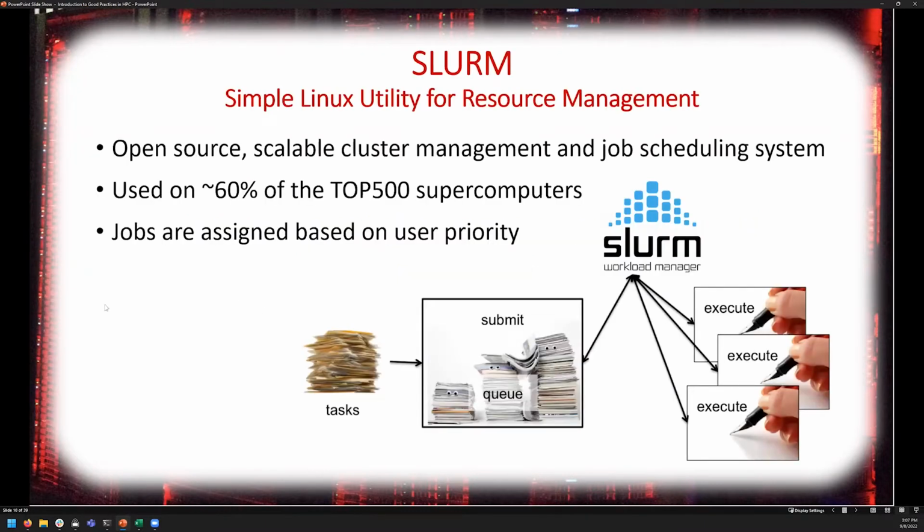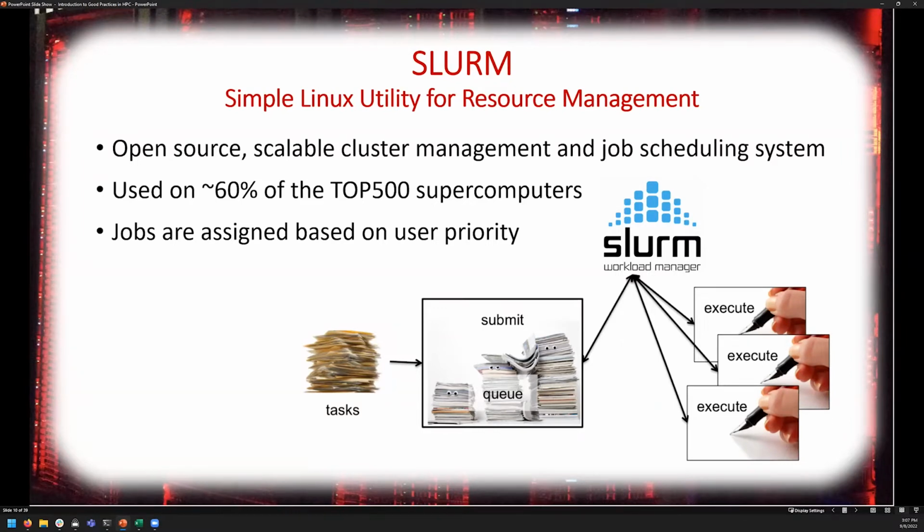And so to provide some extra context, to schedule our jobs and to help manage everything, we use the Simple Linux Utility for Resource Management, or Slurm, which is an open source scalable cluster management and job scheduling system that is used on the large majority of top 500 supercomputers, including Crane and Swan.